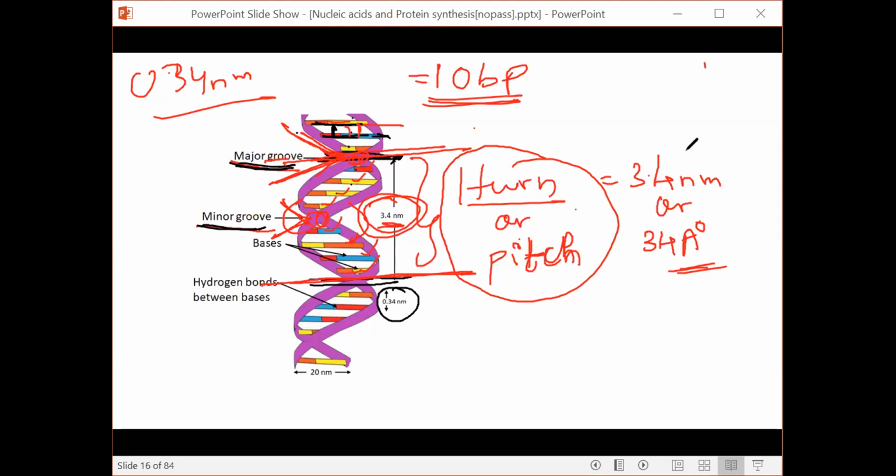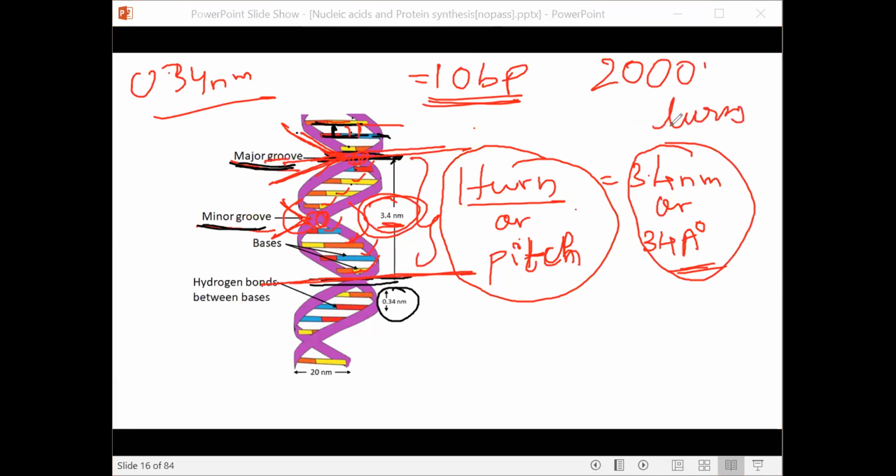So this is the unit, and you can get questions on this a lot. Say our DNA sequence has 2000 turns.